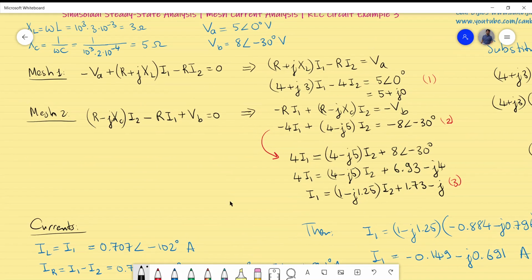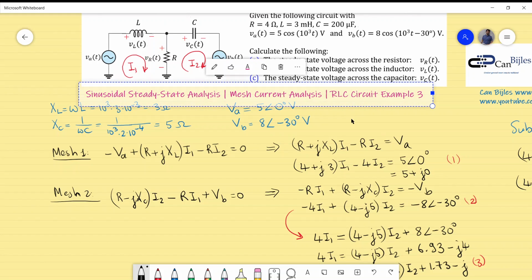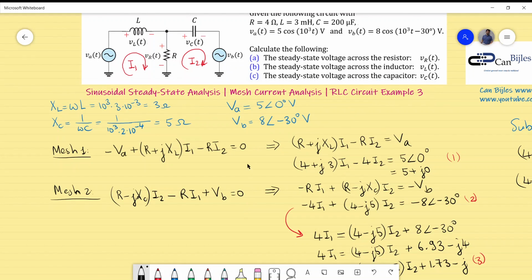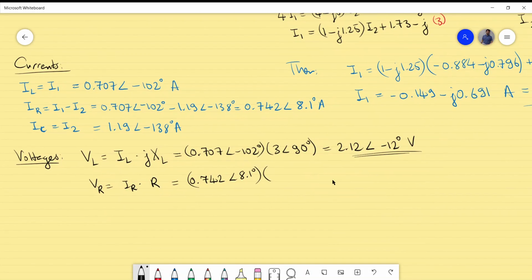Let me look at it again. This was 4 ohms, so 4 with phase 0 degrees. This will result in 2.97 with a phase of 8.1 degrees in volts.